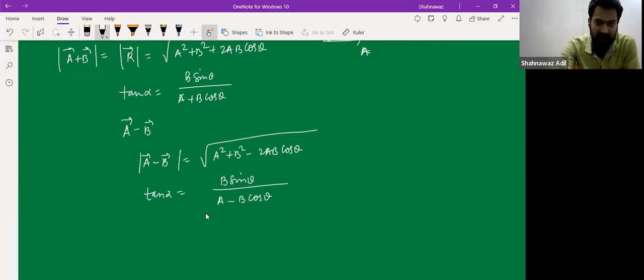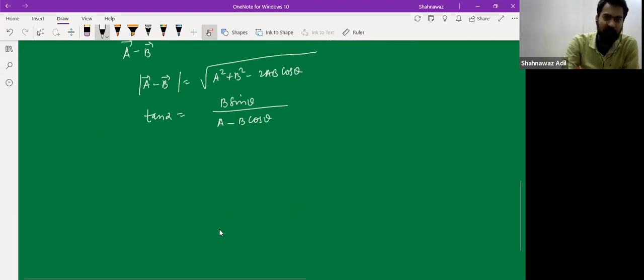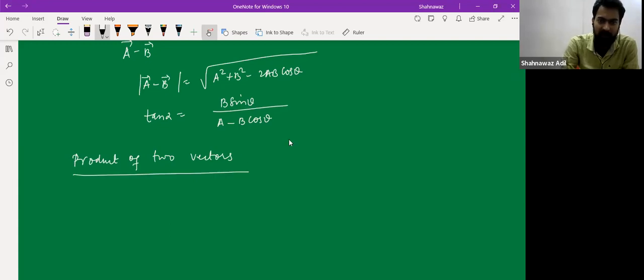And then you have the product of two vectors. There are two products: one is the scalar product, and the other one is the vector product.